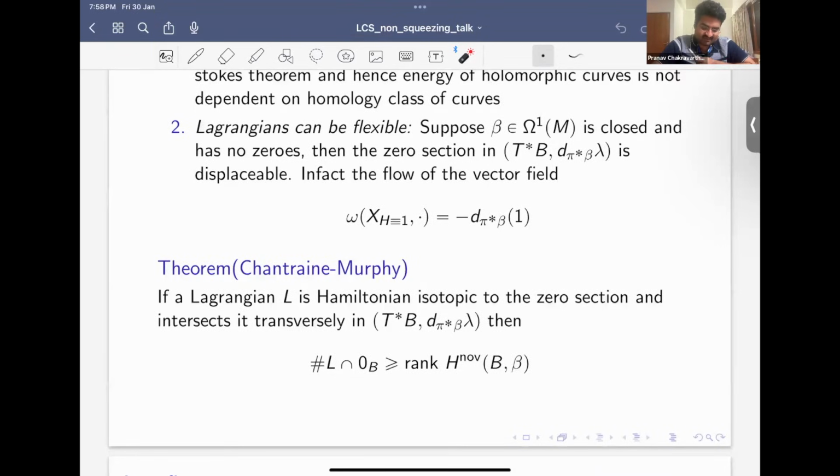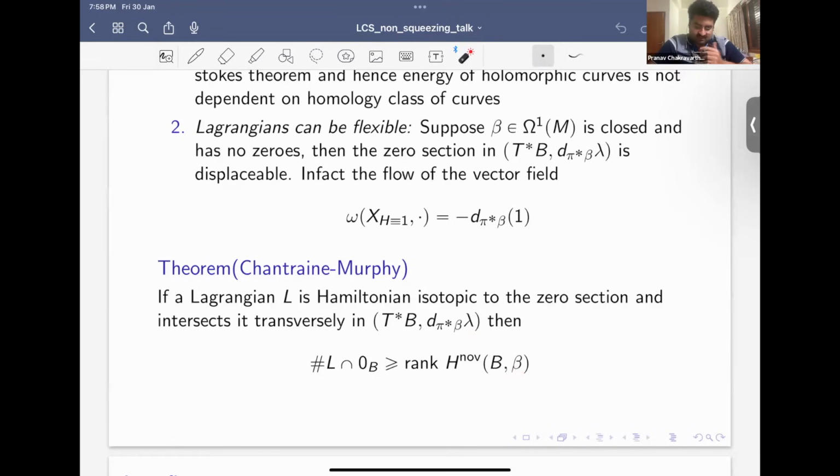Nevertheless, there are a few rigidity results that you can say about these manifolds, and one of them is due to Sandon and Murphy, which says the following: if you have a Lagrangian that's isotopic to the zero section, and it intersects the zero section transversely inside the twisted cotangent bundle, then the number of intersections is greater than or equal to the rank of the Novikov homology with respect to the one-form beta.